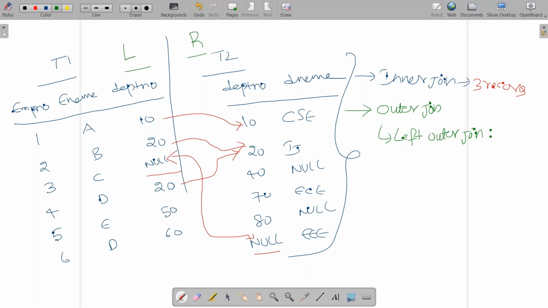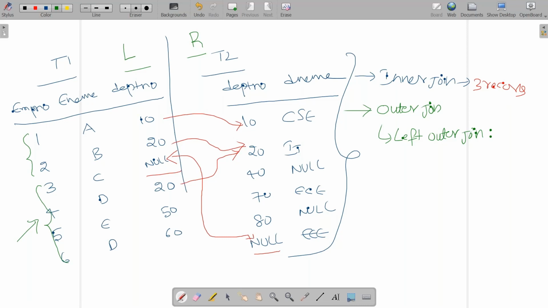So for the records present in the left table, the matching records and also the non-matching records are going to be displayed in the final output. Got it?